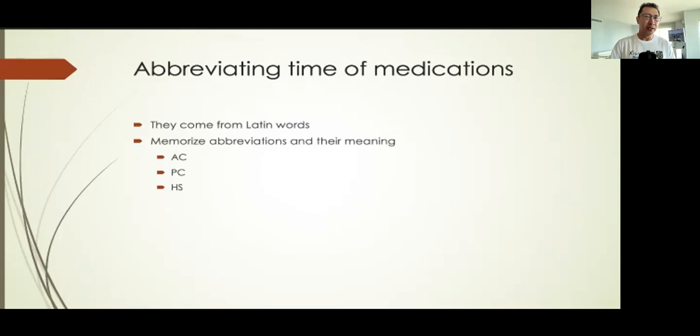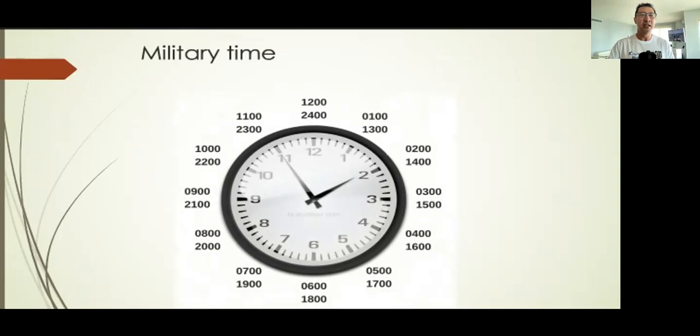All right, another one that you need to know that's going to be common knowledge a couple of months from now is this. If you're not familiar with this, get familiarized with this. This is how we speak the language of time in medicine. We go from 0000, 0100, 0200, 0300, 0400, all the way around to noon, 1200. And then it picks up 1300, 1400, 1500.